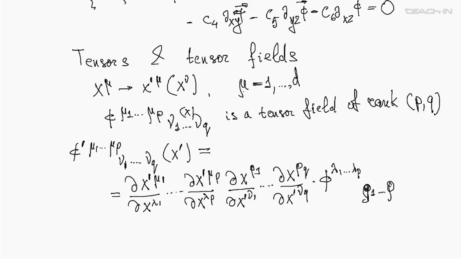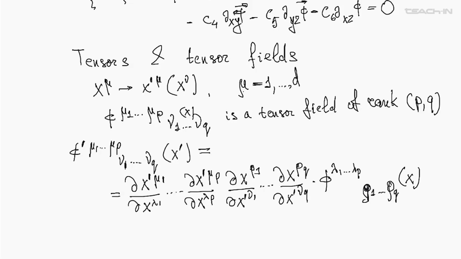So under general coordinate transformations, the tensor field phi of rank pq is an object which is transformed in the way I'm writing here.